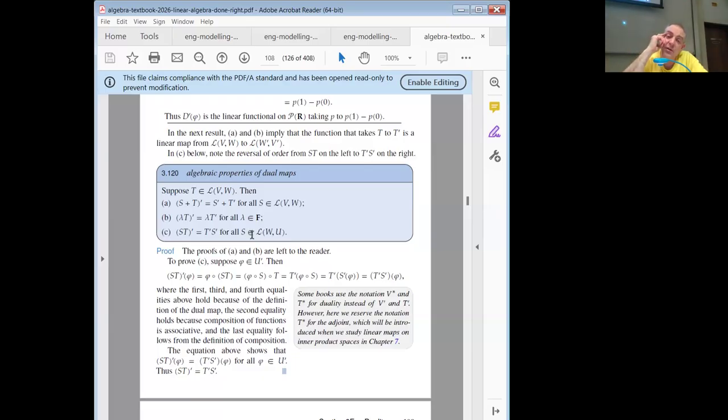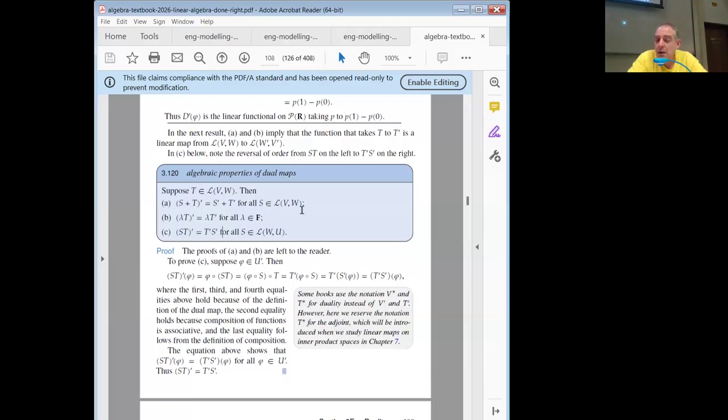So the act of dashing a linear transformation is also linear, according to this theorem. And that's interesting. When you dash a linear transformation, which is a product, you reverse them. That's how transpose works. When you transpose a matrix, if you multiply and then transpose, it's the same as multiplying the transposes but in the reverse order.